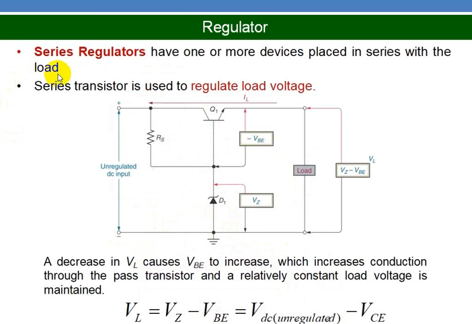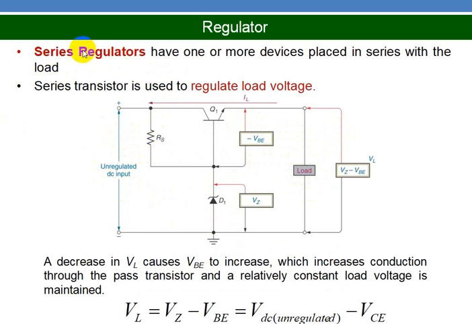So coming to the regulators, we need a regulator to regulate the output voltage. The output voltage will change due to change in the load resistance or due to change in the input voltage. In both cases, the regulator should give a constant output voltage.